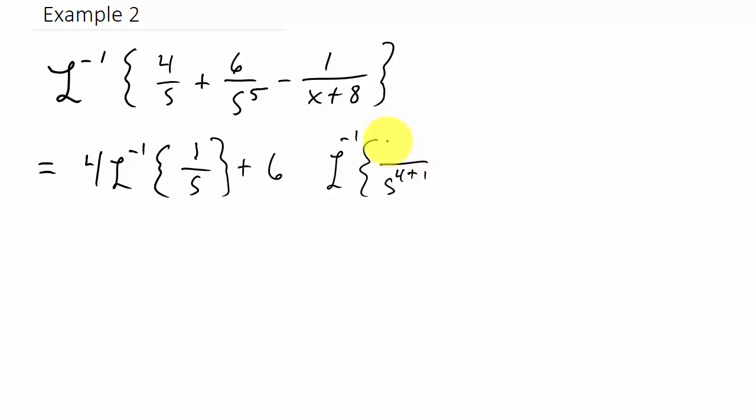Now, I need a 4 factorial because n is 4. So I'm going to multiply here by 4 factorial, and when I do that, I have to come out here and divide by 4 factorial. That's the same thing as multiplying by 1. And then minus the inverse Laplace transform of 1 over s plus 8.